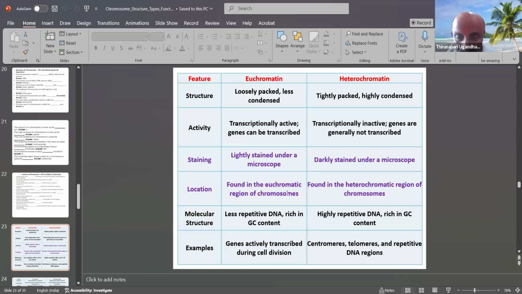Location: euchromatin is found in the euchromatic regions of chromosomes. Heterochromatin is found in the heterochromatic regions of chromosomes.